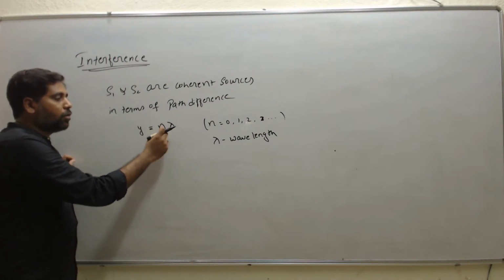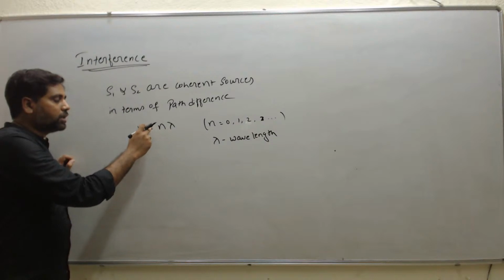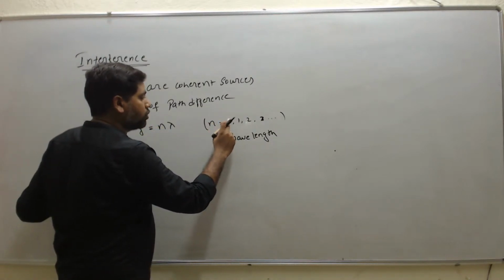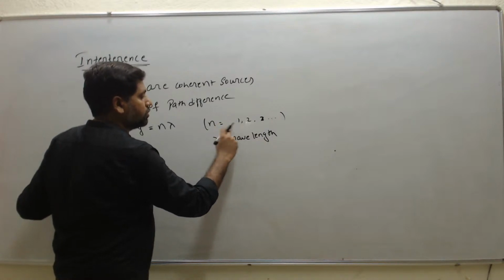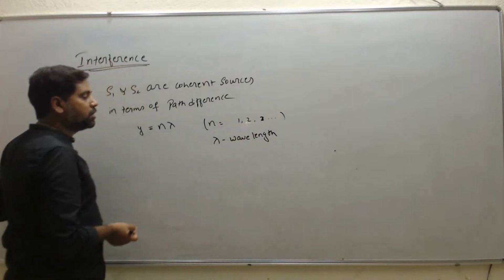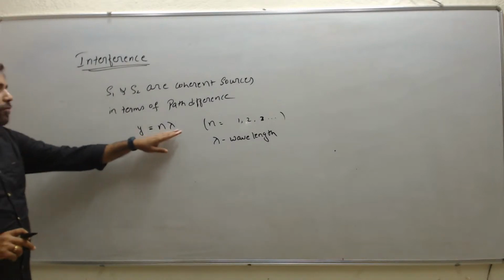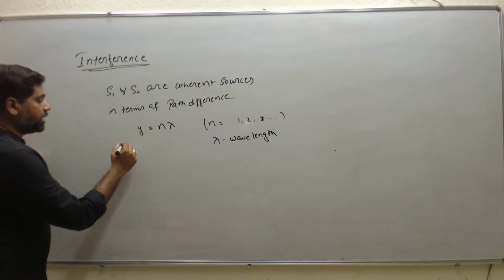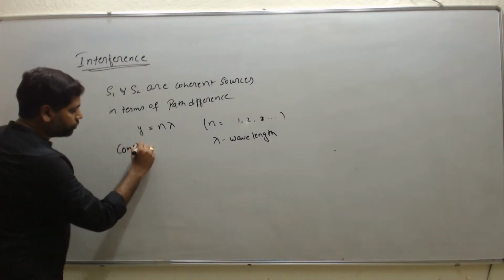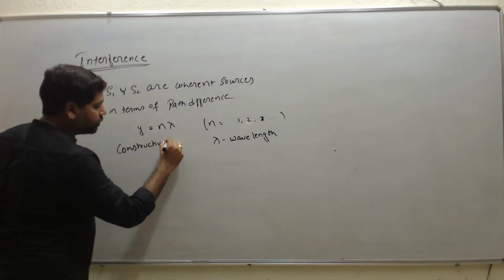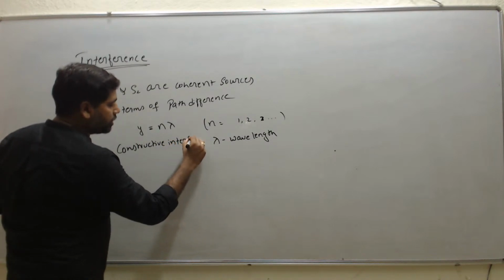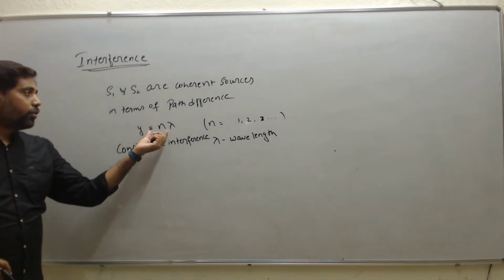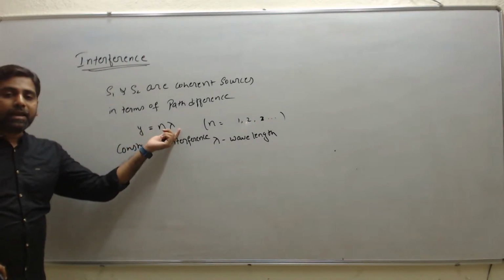So this is for the constructive interference. So if we get n equal to 0, that is the resultant displacement, so here it is from 1 lambda, 2 lambda, so n is equal to 1, 2, 3 and so on. So if we get n equal to 1, 2, 3, then we get here the constructive interference. So this is for constructive interference, y is equal to n lambda.